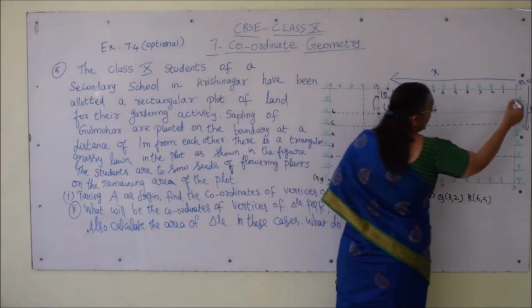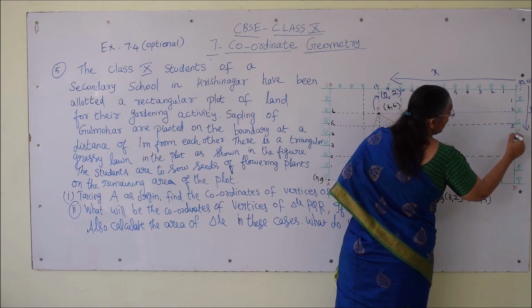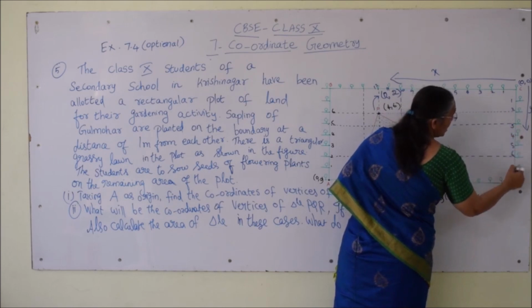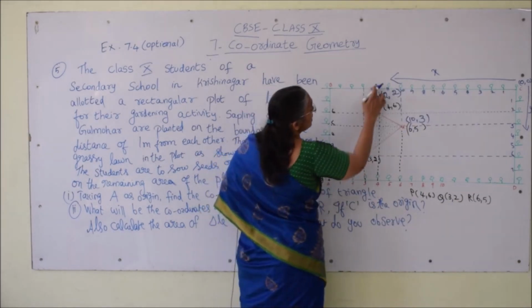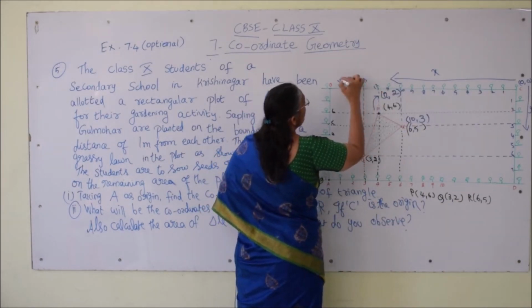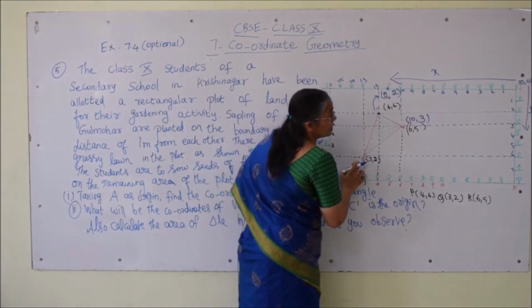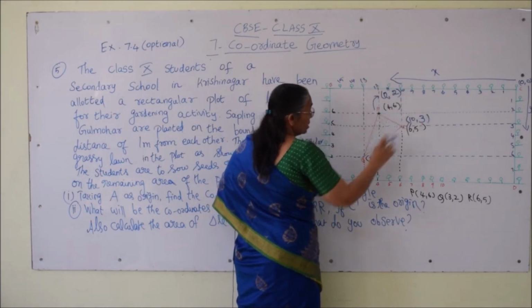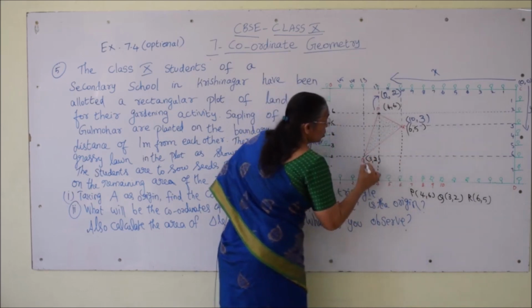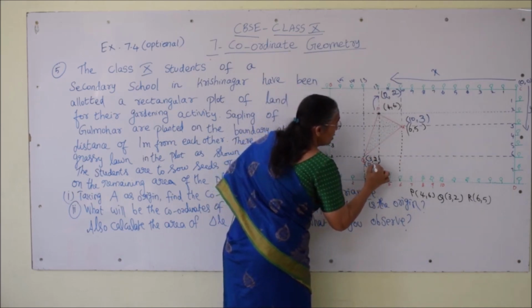Now, on this one 1, 2, 3, 4, 5, 6, 7. So now the vertex is 12, 13, 14, 15. For Q, on the x axis the point is 13 and on the y axis it is 6. So it is 13, 6.